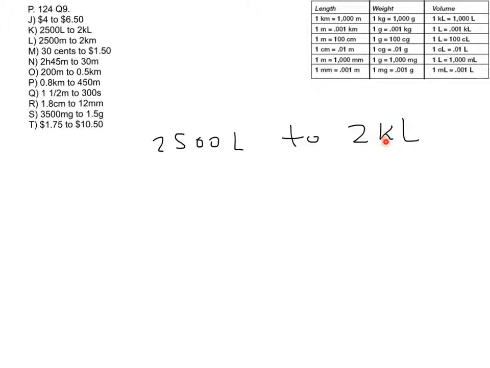So we need to convert the kiloliters to liters. Remember, we always convert to the smaller measurement. So in this case, we know that there is 1,000 liters in 1 kiloliter, but we have 2 kiloliters here. So that means we need to times this by 1,000.